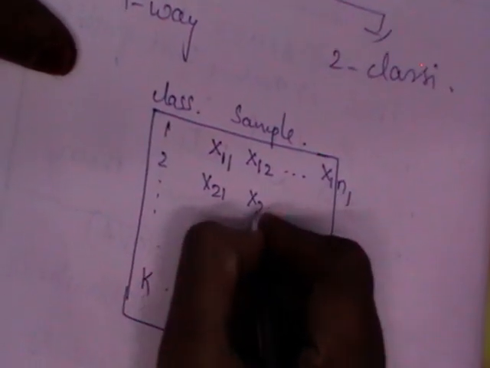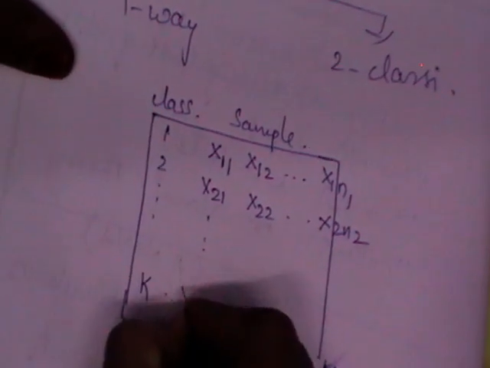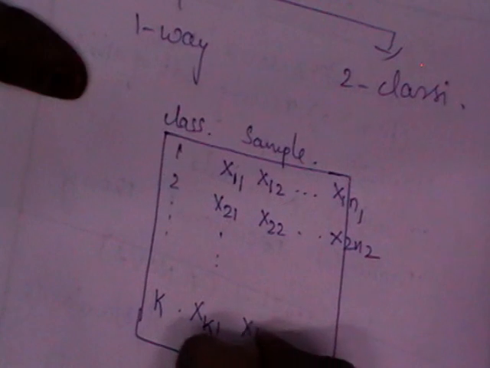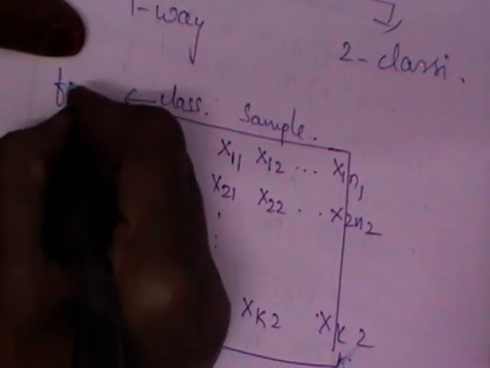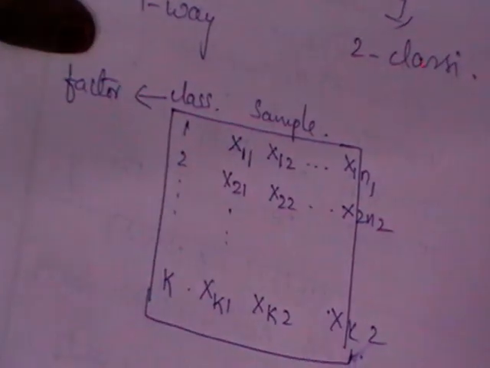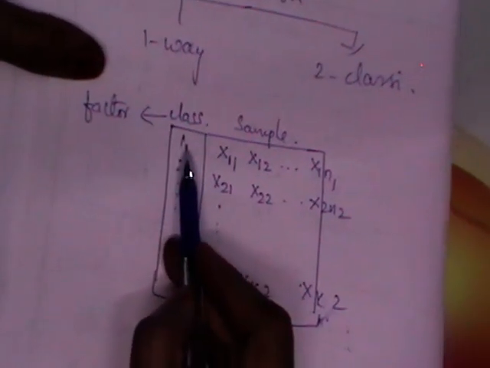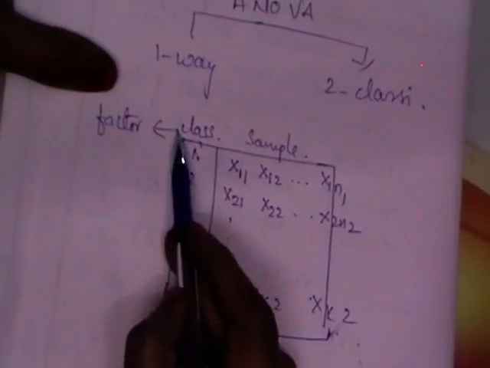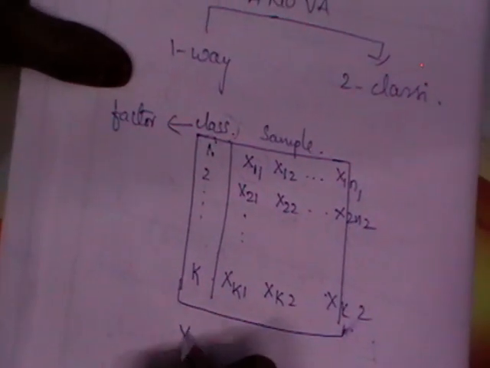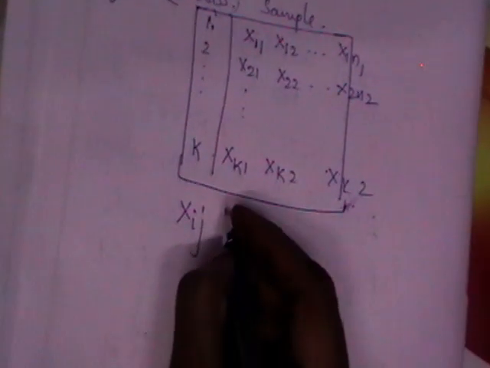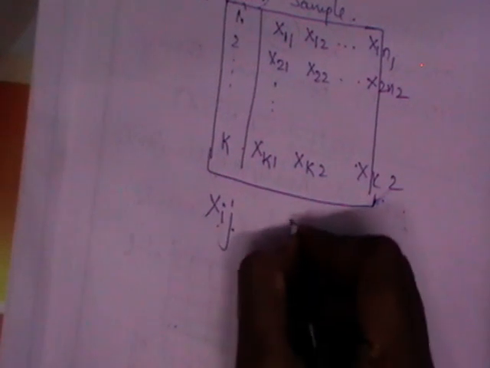This is the mathematical representation of the experimental area with respect to only one factor. The factor here is nothing but class. Whenever a table is given to you in this way with only one factor, each observation is indicated in general by xij, where xij stands for the jth observation receiving the ith factor.